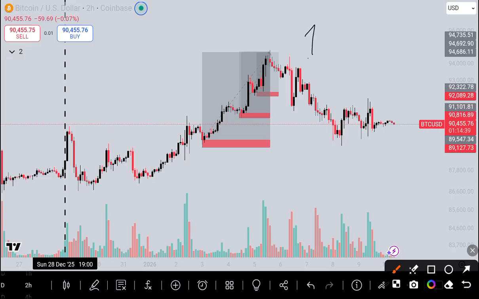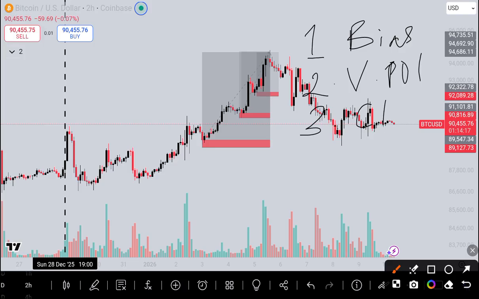The first I taught was bias. The second thing I taught was volume POI. The third thing I taught was CRT.